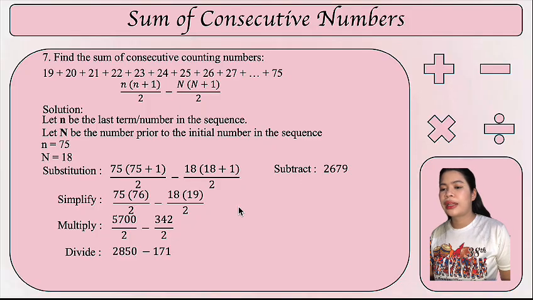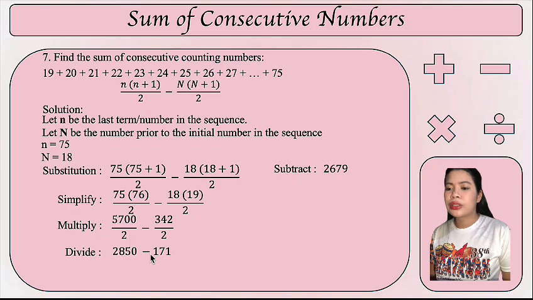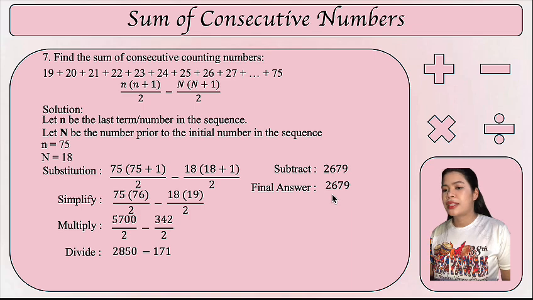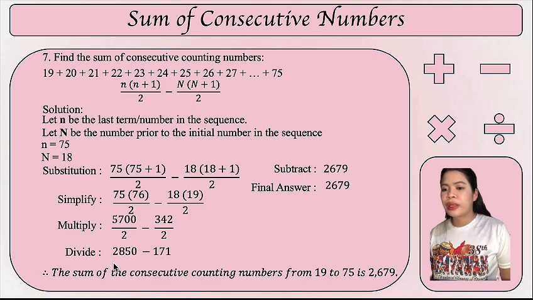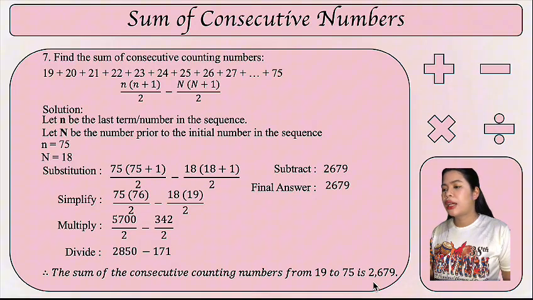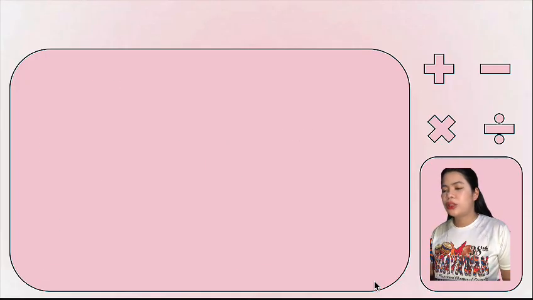And we are getting this value. 2,850 minus 171 is 2,676 rather. So we are getting the final answer, which is 2,676. So therefore, the sum of the consecutive counting numbers from 19 to 75 is 2,676. So let us proceed to our 8th problem.